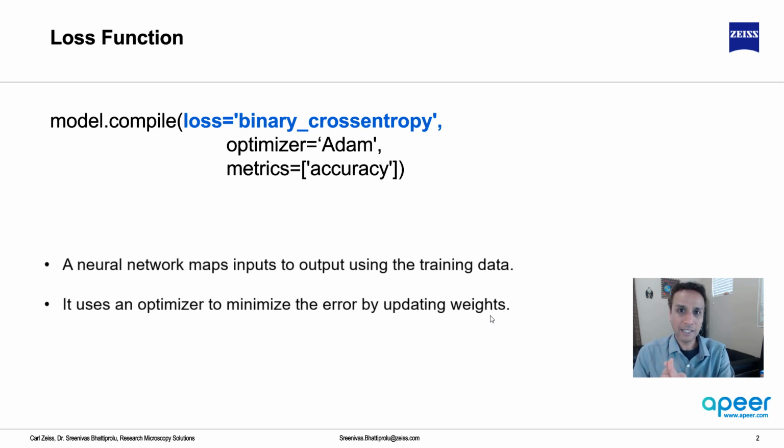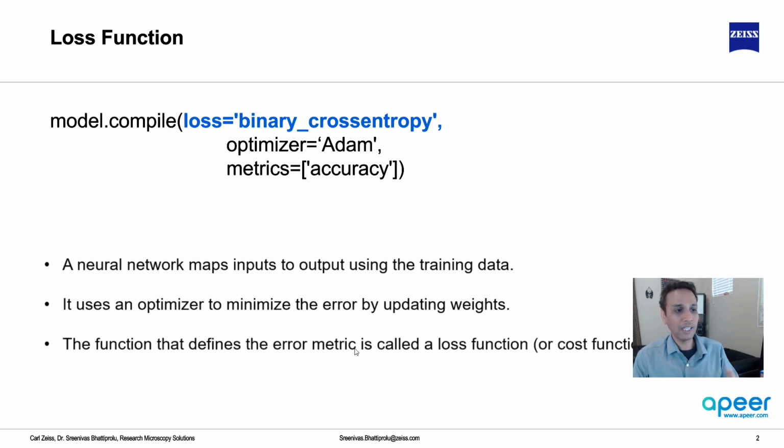There are various metrics to actually define this error, and the function that defines this error metric is called the loss function or the cost function. So the loss function is a function that defines what this error is. I just mentioned the error in terms of an absolute value.